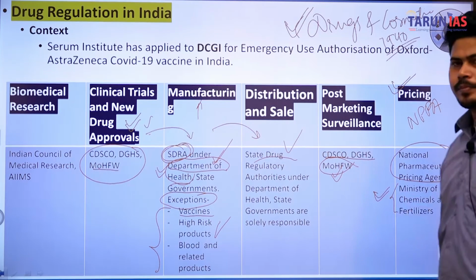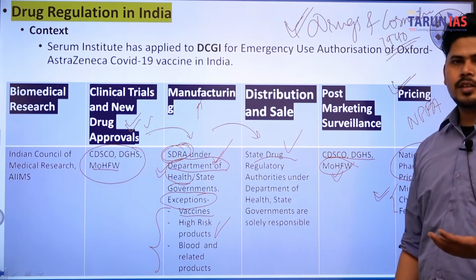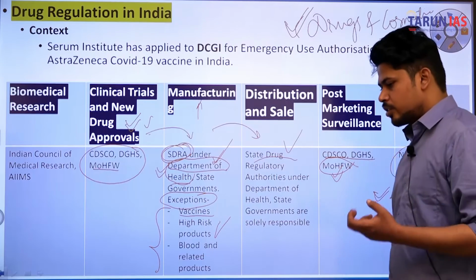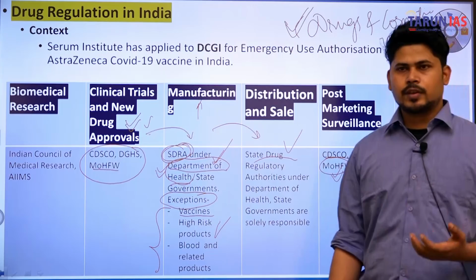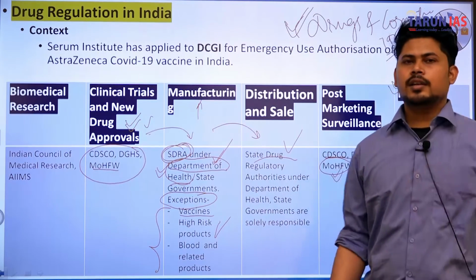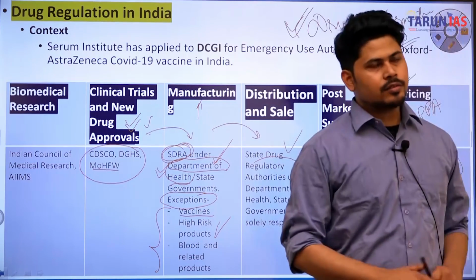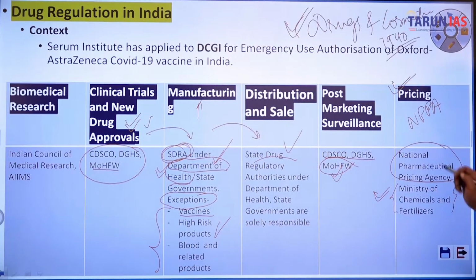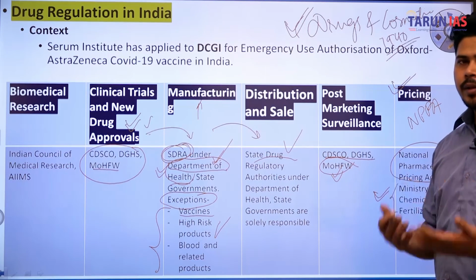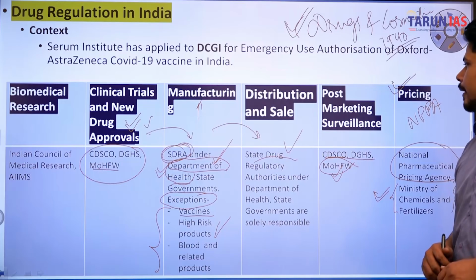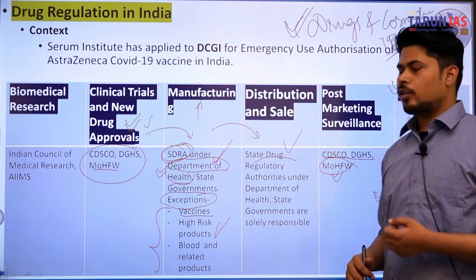This was also asked in an exam: under which ministry does the National Pharmaceutical Pricing Agency come? Since manufacturing, sale, distribution and control of biomedical research all come under the Ministry of Health and Family Welfare, people get confused and think even pricing would be under it. But the mandate of NPPA is to ensure the availability of low-cost drugs in the market, and ample availability of a drug in the market.